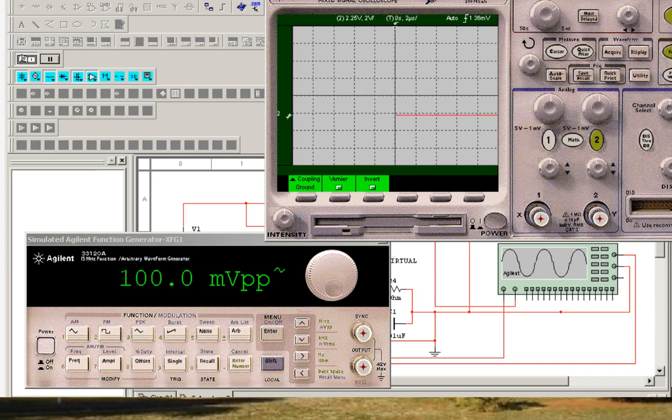I must have changed this position or something. That's just a small change. Wait, what?